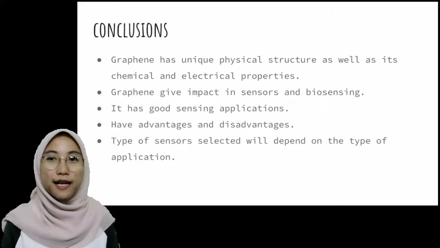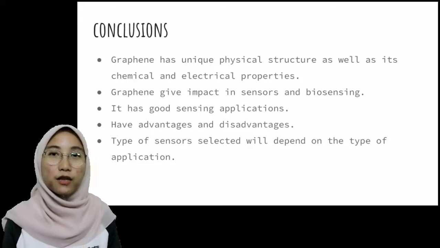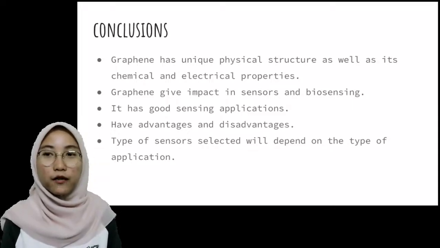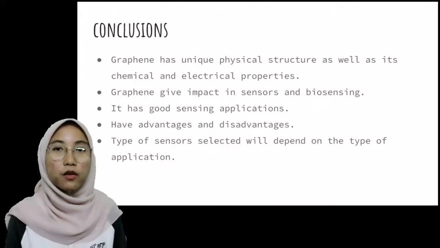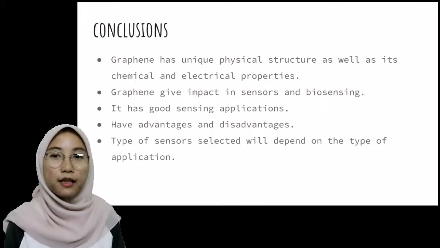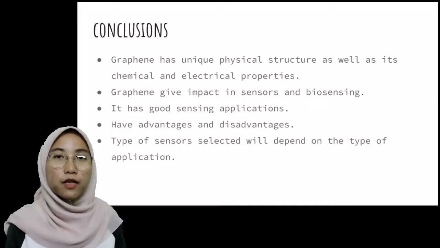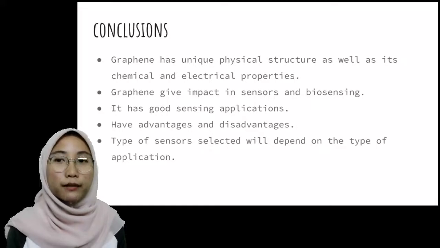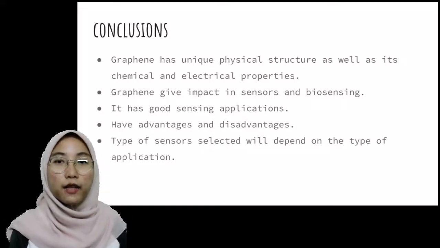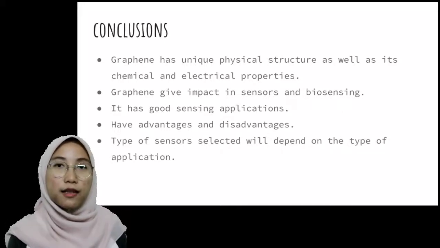Second, besides sensors and biosensors, graphene and graphene-based materials have found an impact on electroanalysis and also electrocatalysis. In sensing applications, graphene-based materials feature good conductivity and large surface area. This will give accurate, rapid, selective, and sensitive sensing abilities in biosensing.